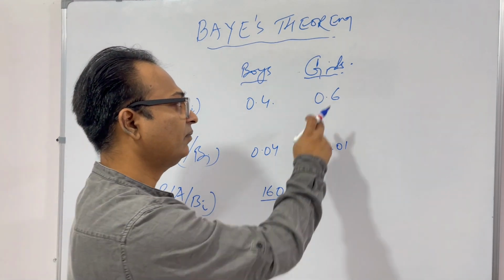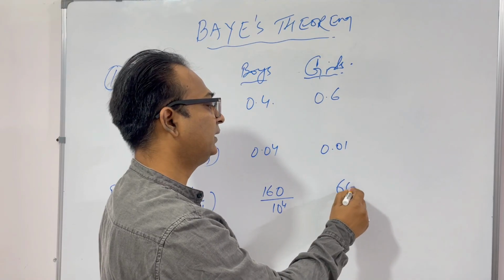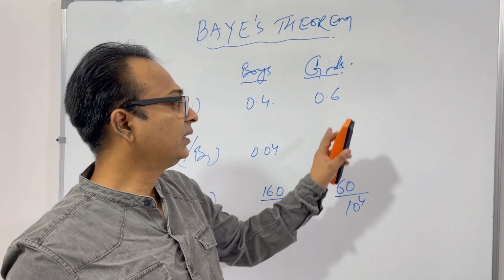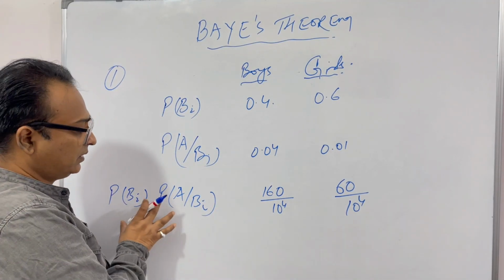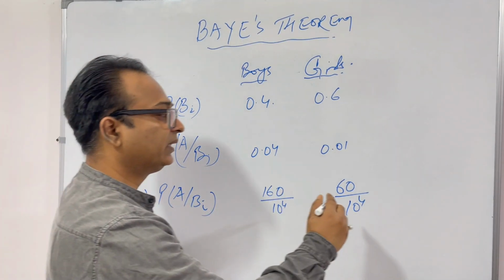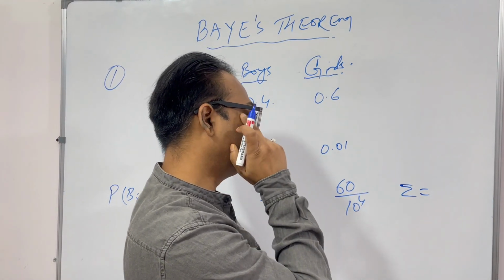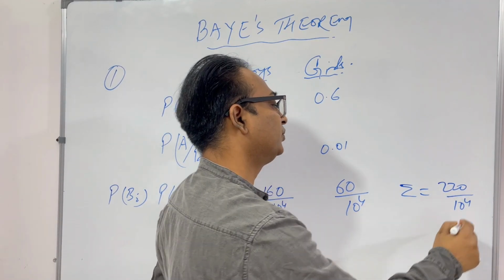Similarly, this is 60 by 10 to the power 4. So these are the probabilities. The summation of these two probabilities will be 160 plus 60, 220, 220 by 10 to the power 4.